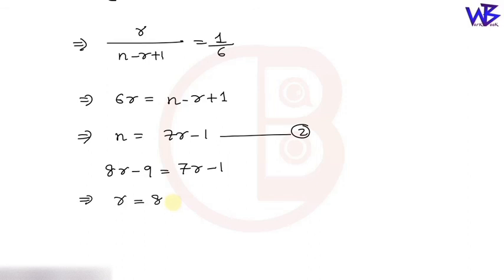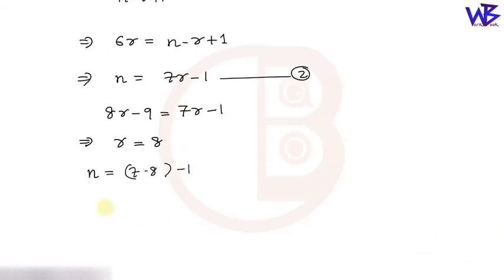Now if I put the value of r in equation number 2, I'll get n. So n = 7 times 8 minus 1, which is 56 - 1 = 55.